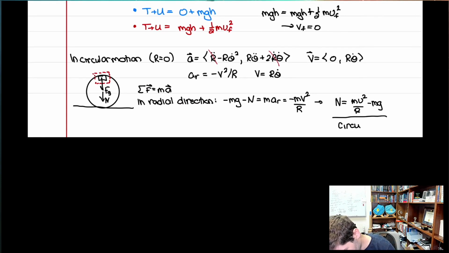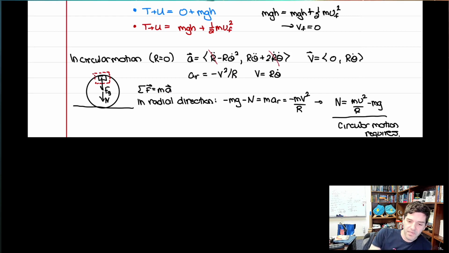So circular motion requires this. But again, v is allowed to change. So you can just look at this equation and realize that there are cases where that might not necessarily be the case, right? If v is 0, then the normal force, let's be careful with our signs to make sure what we're doing is correct.